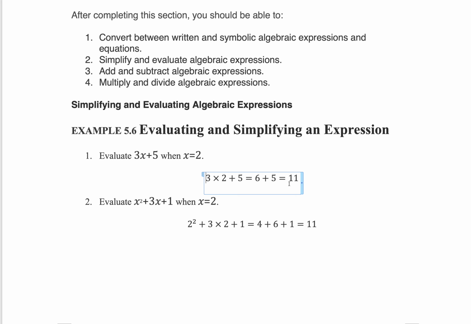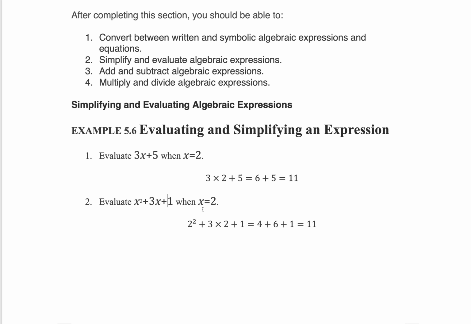And the second example, we are having an expression a little more complicated. Not only addition, subtraction, multiplication, and no division in this case, but we do have the exponential operation. We do have exponent 2, and want to evaluate the new expression when x equals 2.